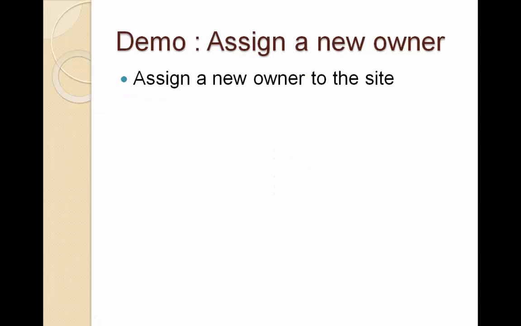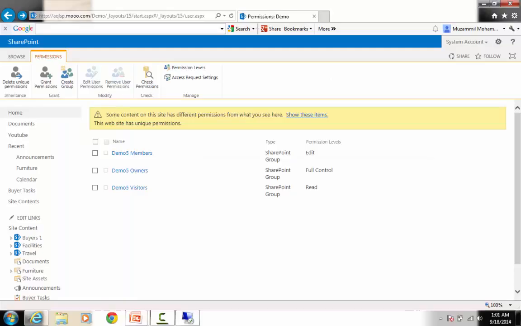Now let's take a look at how I can assign a new owner or a new user as an owner. The whole point that I want to show over here is how you would assign a user to a security group. So in this case, it's going to be the owner security group. After I go to my site permissions page, in my case I have 3 security groups over here.